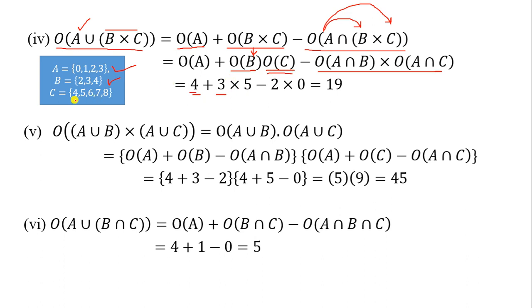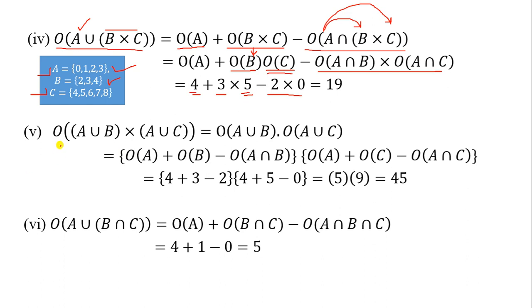Look at this: 1, 2, 3, 4, 5. 5 elements are there in C, minus the intersection of A and B. There are 2 elements common in both sets A and B. So 2 times the intersection of A and C. Look at A and C. There is no common element in these both. That's why multiplied by 0, and we got 19 as its answer.